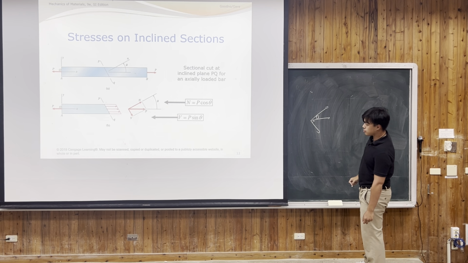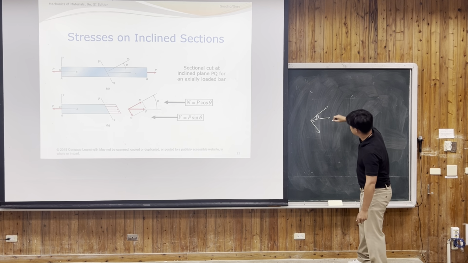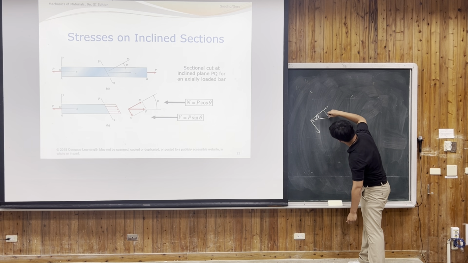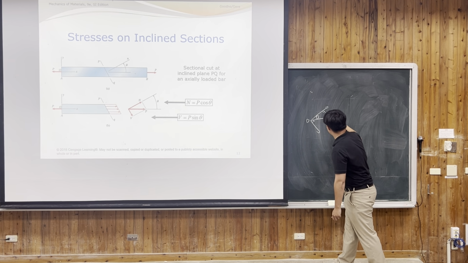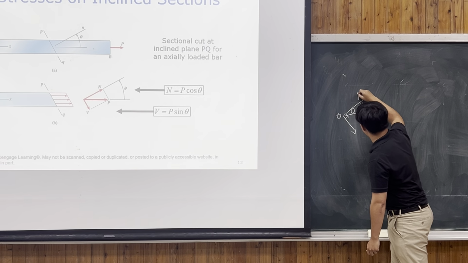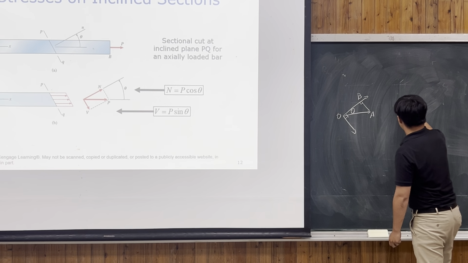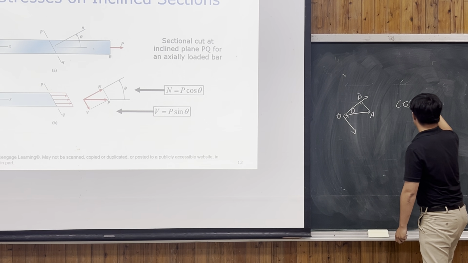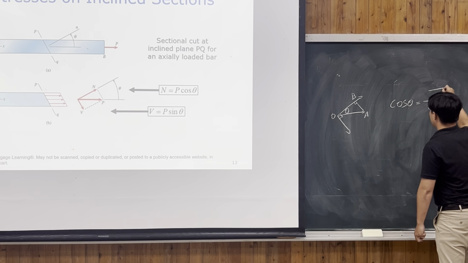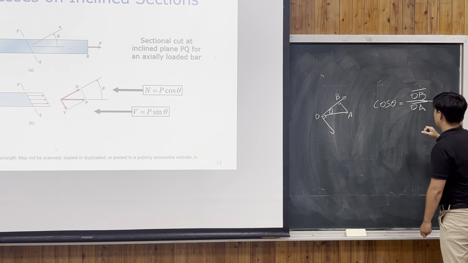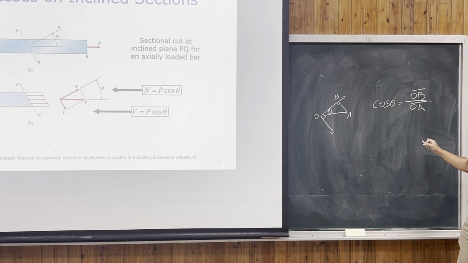So 90. So cosine theta equals OB over OA, right?